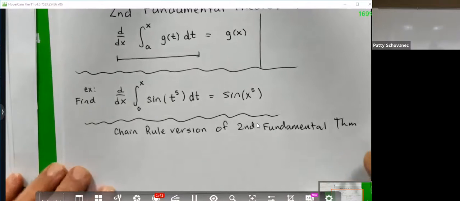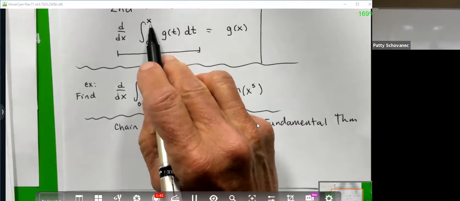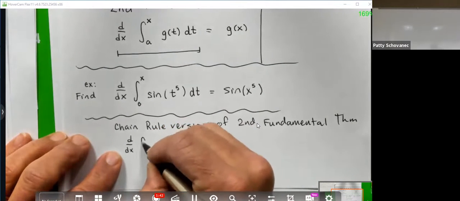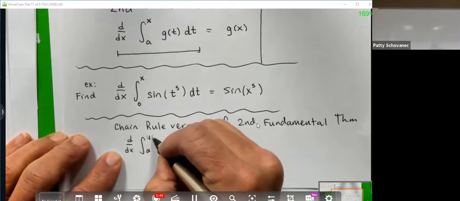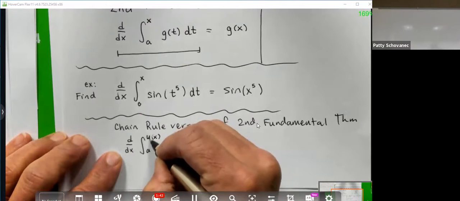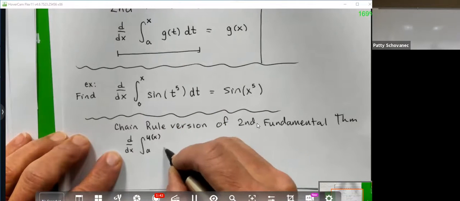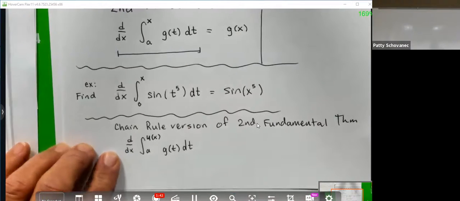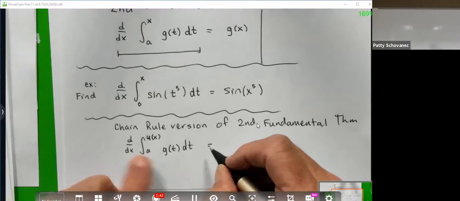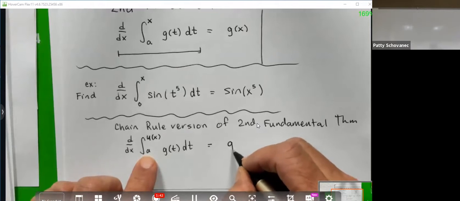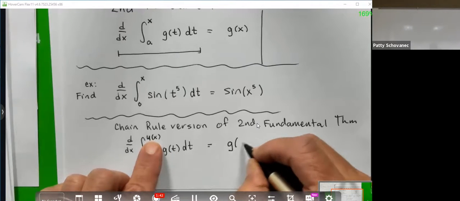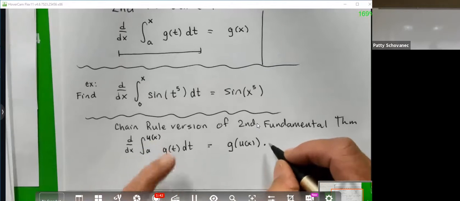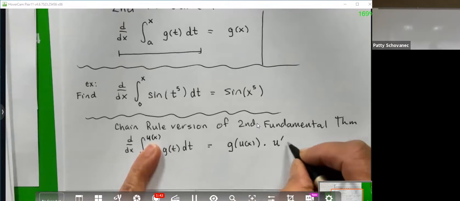Says that if this upper limit here is a function of x, then the derivative with respect to x of an integral where the upper limit is a function of x, and this is some function of t in here, gives you the composite. The derivative still kills the integral, gives you this as a composite function of this. And now the chain rule part says now you multiply by the derivative of that.